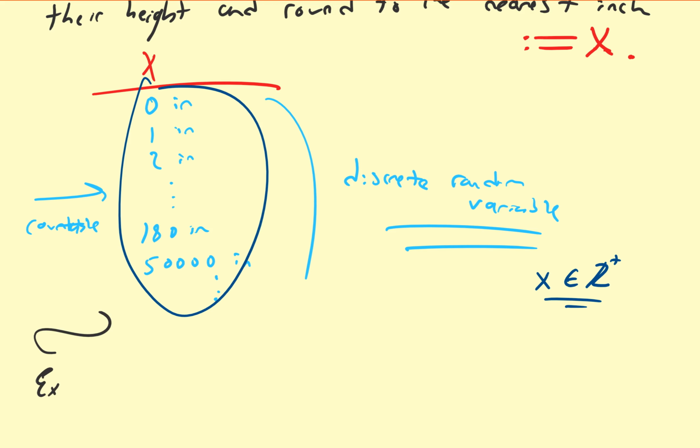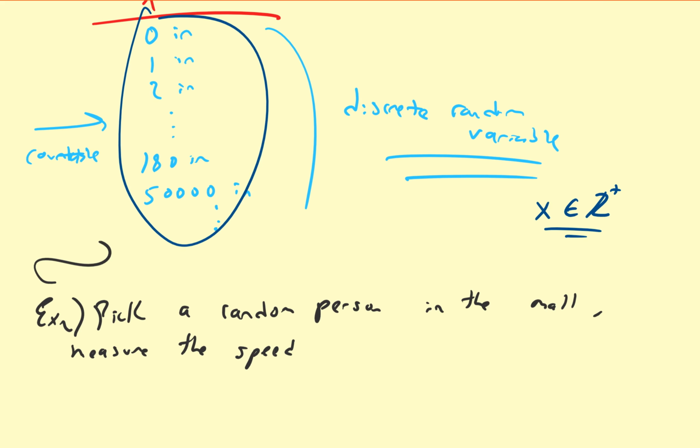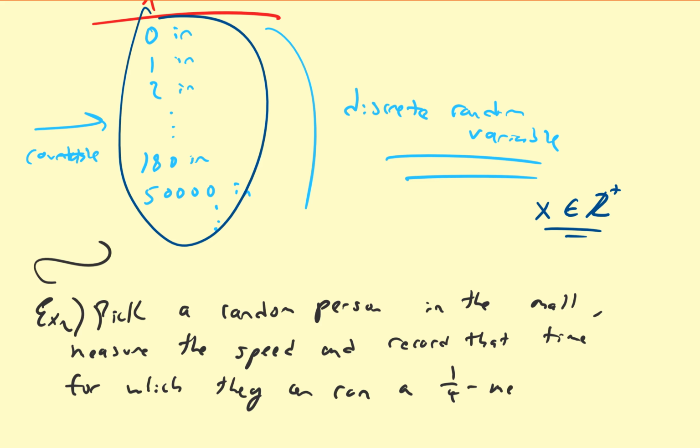So let's do another example. Suppose you pick a random person in the mall and measure the speed and record that time for which they can run a quarter meter.